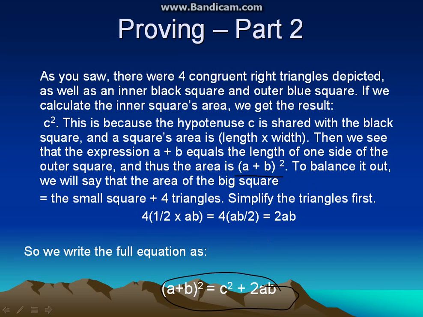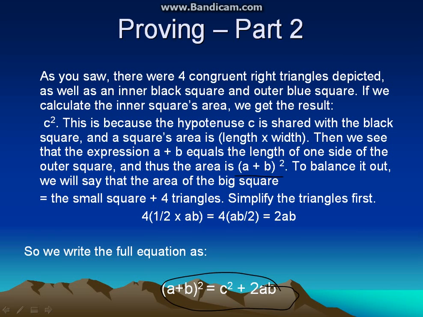For congruent triangles, since the area of a triangle is half base times height, and A and B are the legs, A could be the height, B could be the height. It's used interchangeably. So when you multiply that, you simplify, and since AB really is AB over 1, when you multiply that, that's 4AB divided by 2.